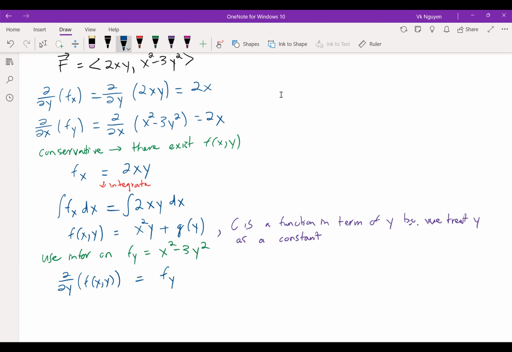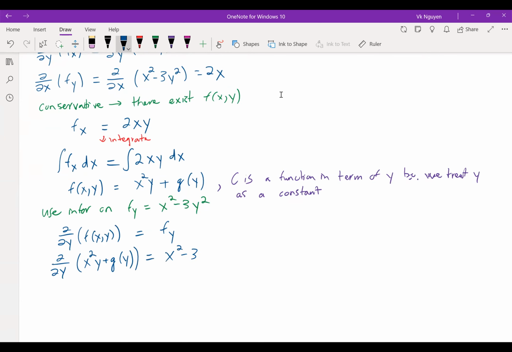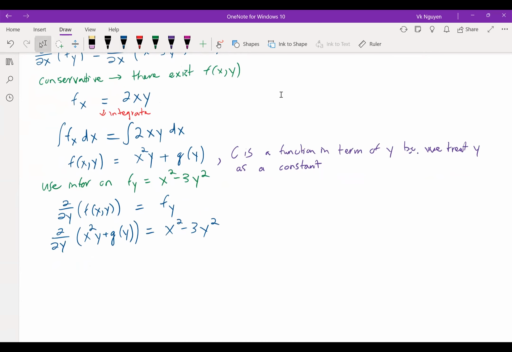It's the partial derivative with respect to y. f is x squared y plus g(y), right? And fy is x squared minus 3y squared. Now what do we have here? We have x squared plus g prime of y is equal to x squared minus 3y squared. So what's this mean? g prime of y is equal to minus 3y squared.